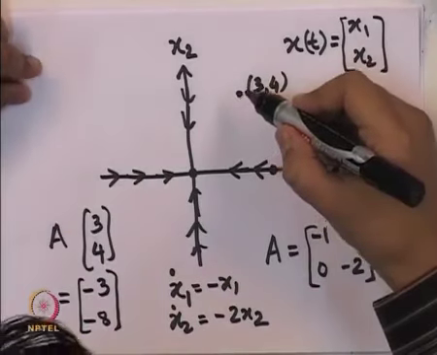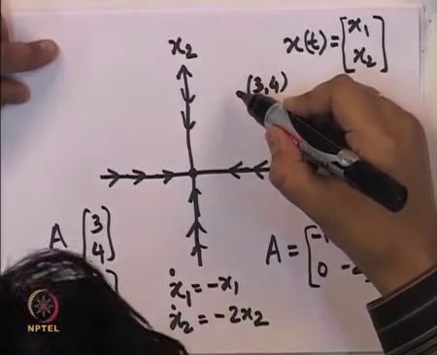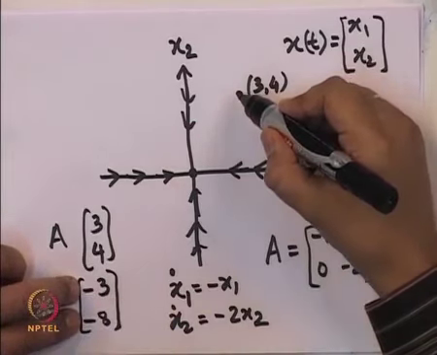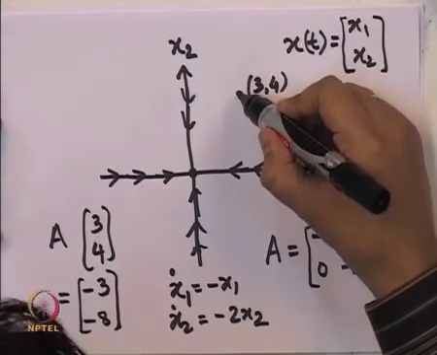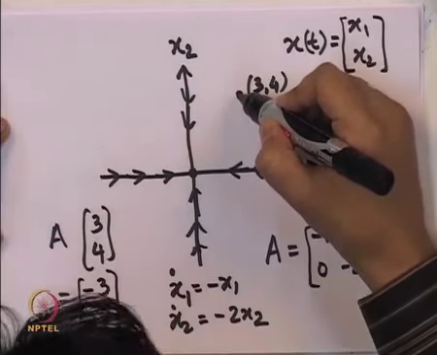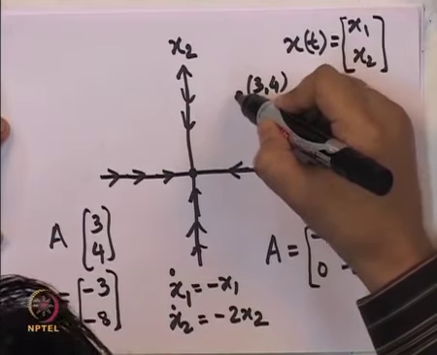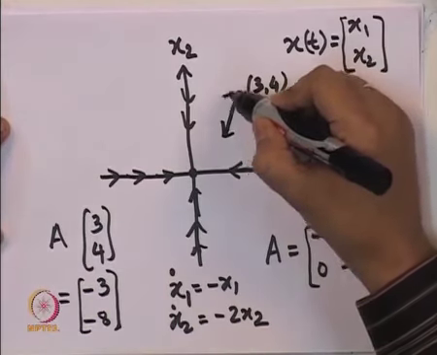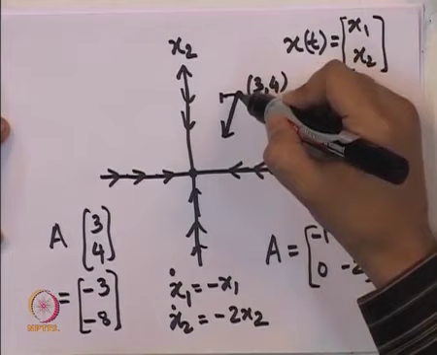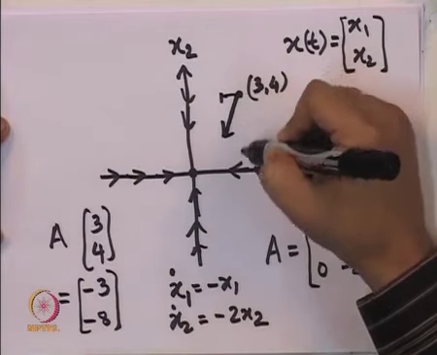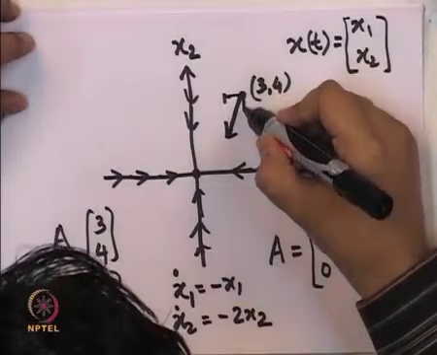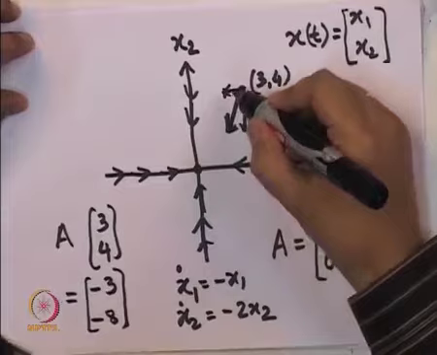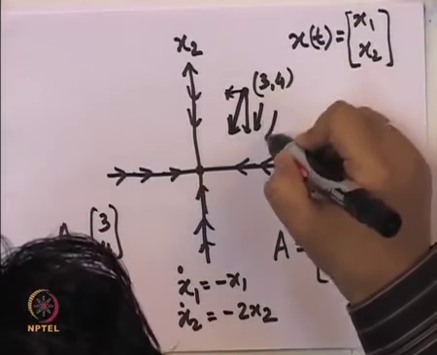So, to determine where the arrow should go towards, we will draw a vector towards minus 3, minus 8 starting from this point 3, 4. It is some vector like this with 3 components in the negative x1 direction and 8 components along the negative x2 direction. So, when we resolve this, we get this vector. So, this is how all arrows are directed.